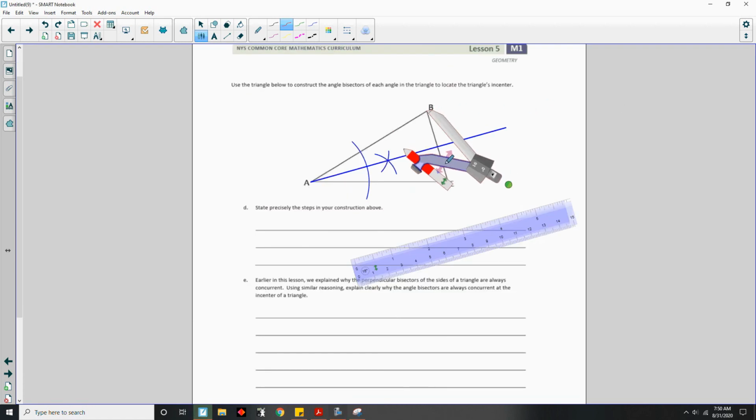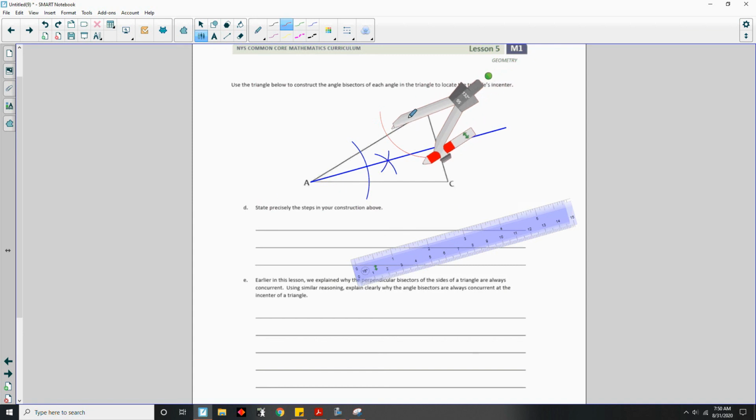I will open this up a little bit. I need to create an arc that will go outside, so I'm going to cross AB and BC. So I'm going to draw an arc like so until my circle intersects both sides.